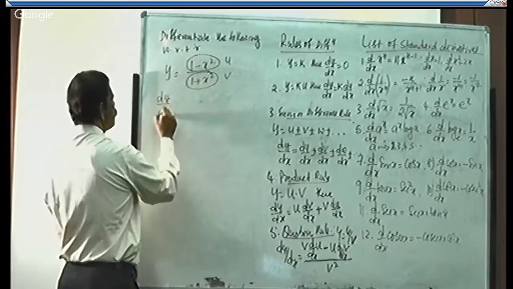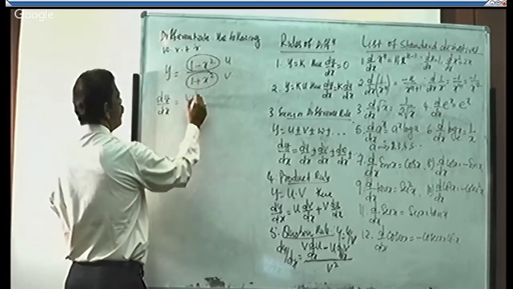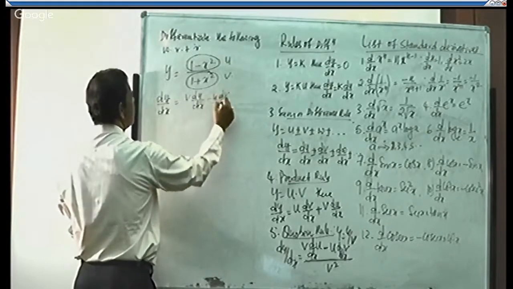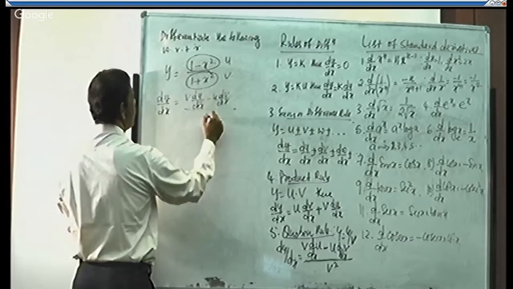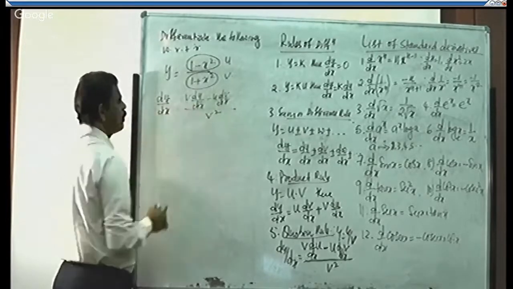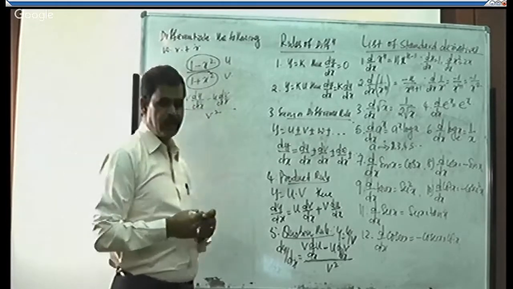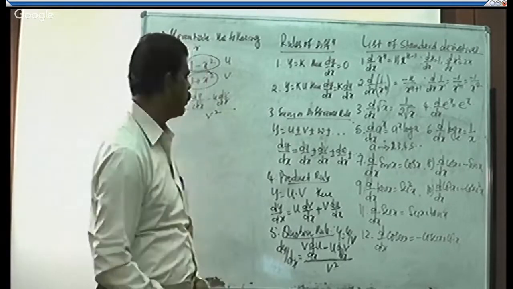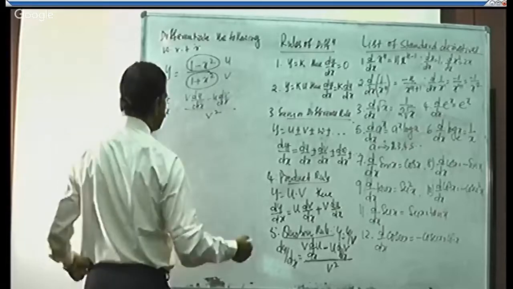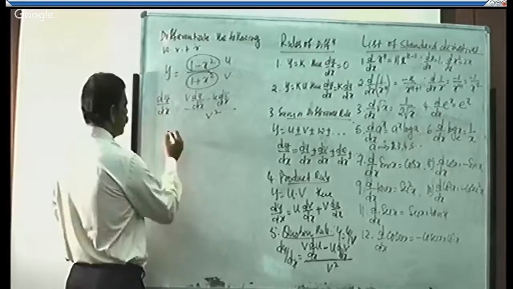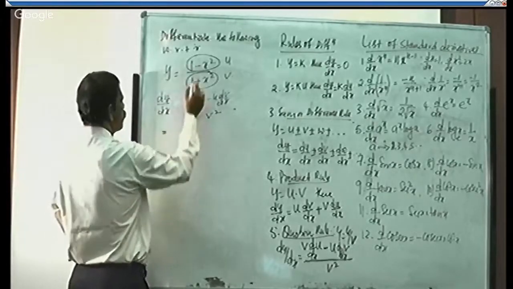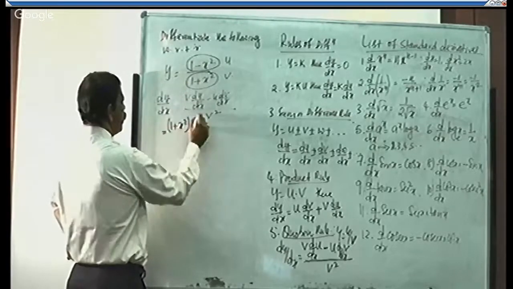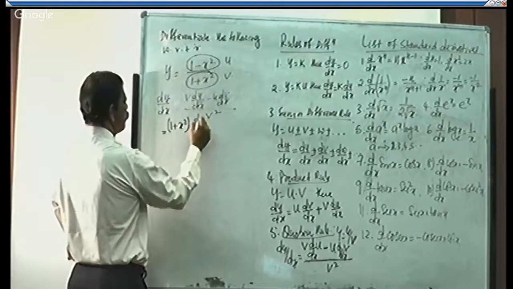What the rule says: dy by dx is equal to v into du by dx minus u into dv by dx, all divided by v square. Just according to that, it becomes: v is 1 plus x square into d by dx of u.